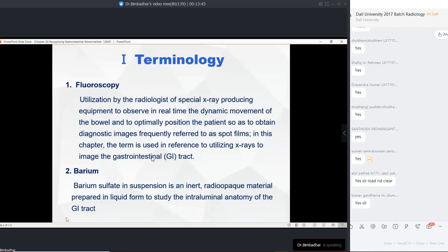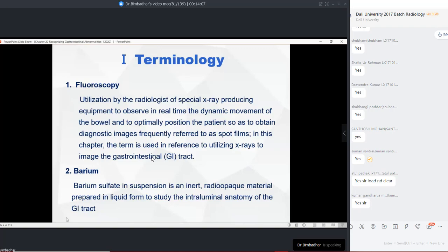Then when we get down into the lower intestinal tract, we are going to use a special technique called barium enema. I think you have already learned about this one before, right? So we are talking about those techniques today, and we will try to familiarize ourselves a little deeper.